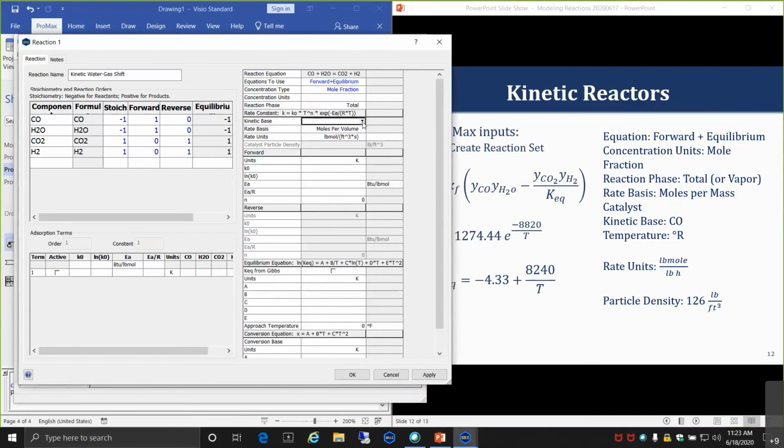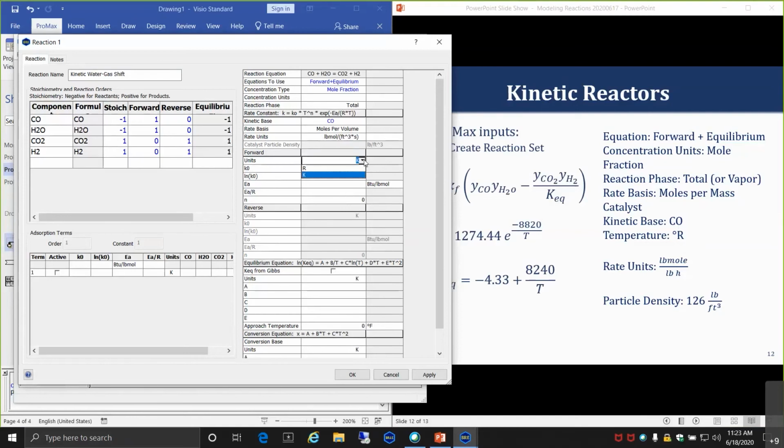The kinetic base is the component that was used in measuring the reaction rate in the data. And this is coming from CO. I don't believe I put the reference down for where this is all coming from, but I do have a reference for it. So we now need to include our information here.